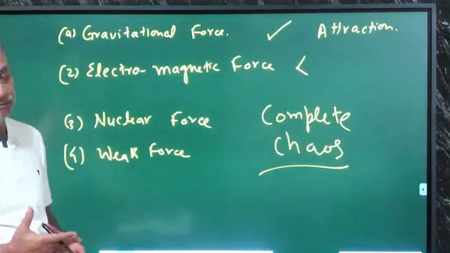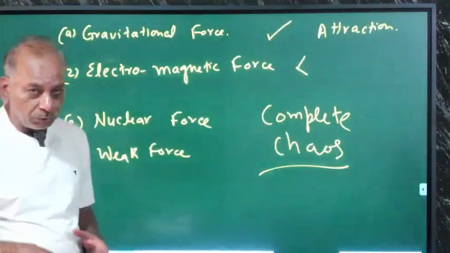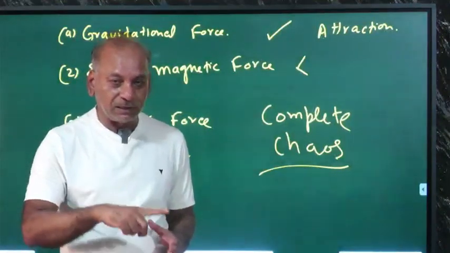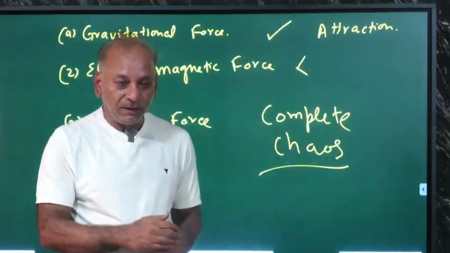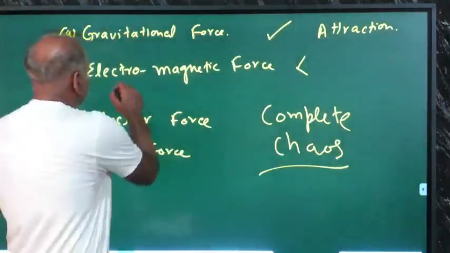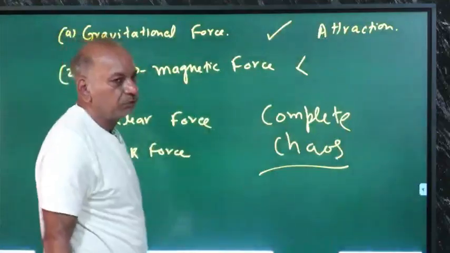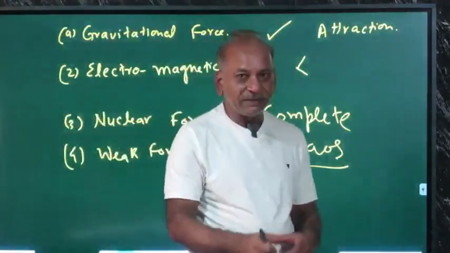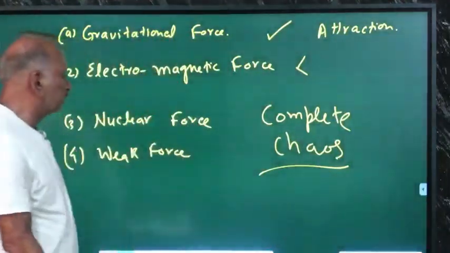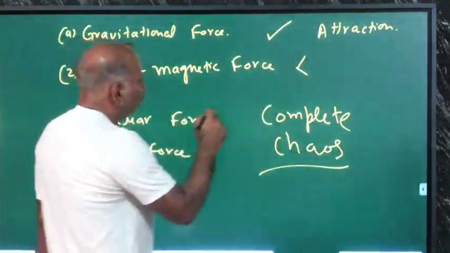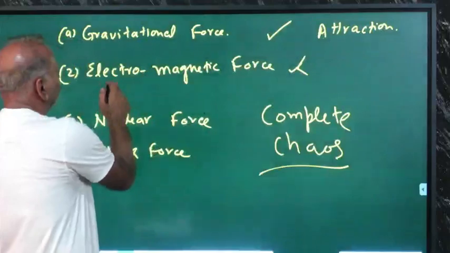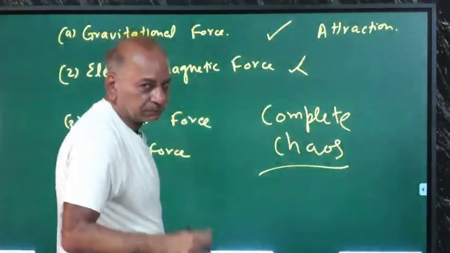A magnet can be used to produce electricity, or a wire carrying electric current may be used as a magnet. So these two, electric force and magnetic force, are found to be quite interrelated and sometimes quite identical with each other. So they were categorized in one type of force, and they were together called electromagnetic force, right?